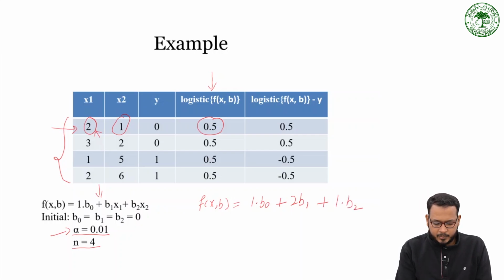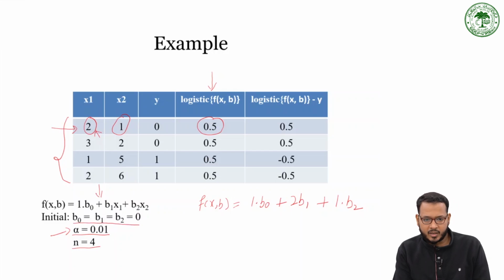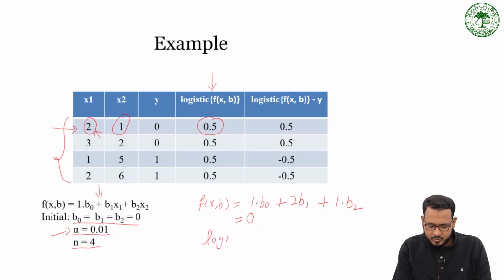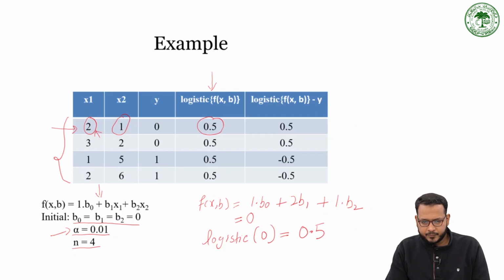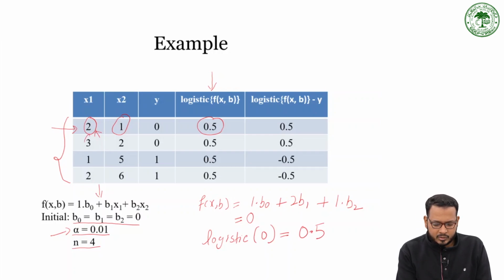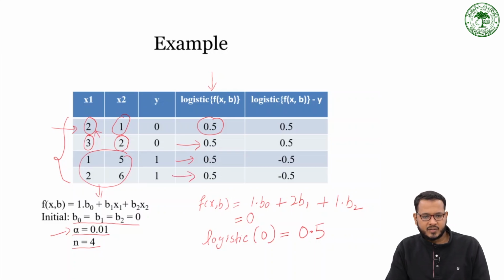Now, since initially b0, b1 and b2 are all 0, this expression will give us the value 0. And when we pass this fx being 0 into the logistic function, by the characteristic of it, it will give you the value 0.5. So even though the values of x1 and x2 are different, the corresponding logistic value right now would be 0.5 for all of them, because all the bi's are 0 currently.